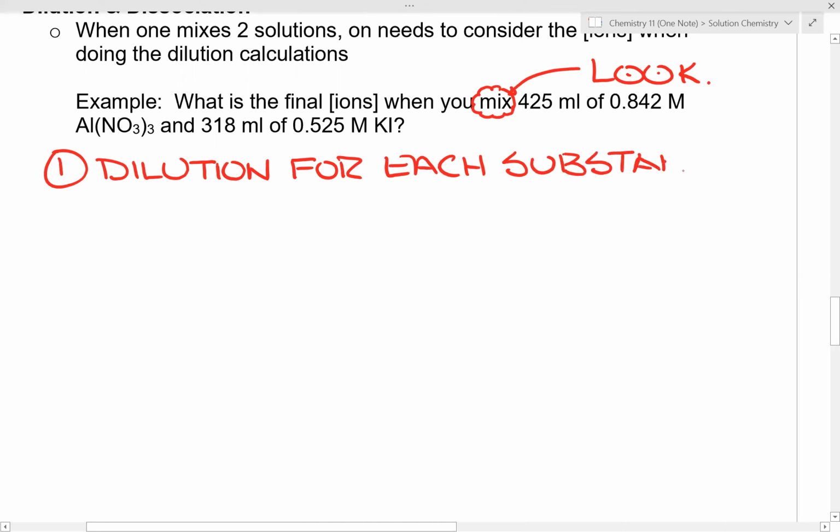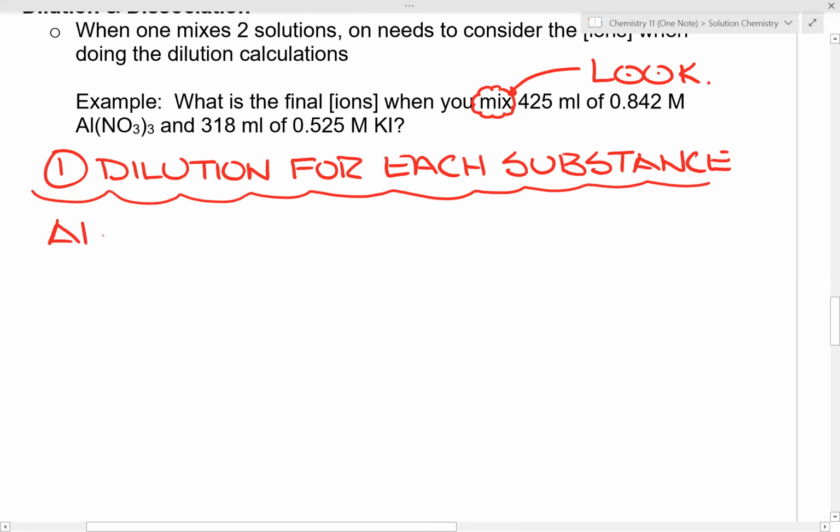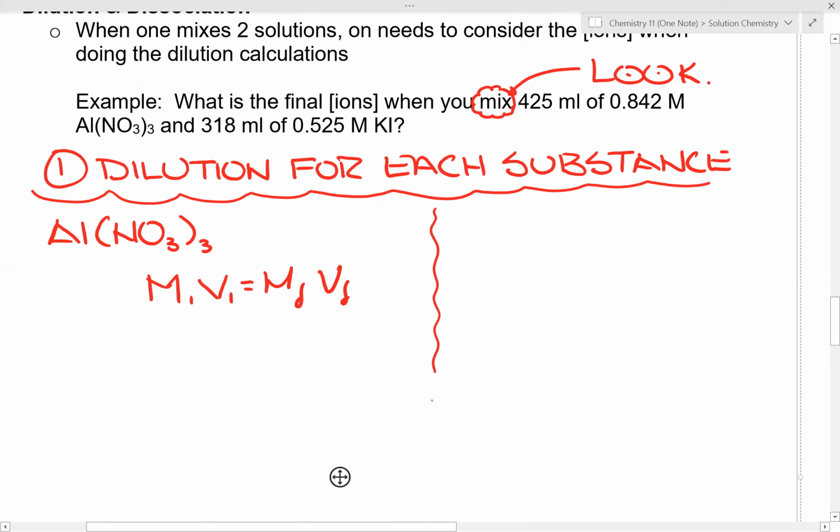What do I mean by this? Okay, let me just draw a nice little line here. So let's say we have our aluminum nitrate. What we do is M1V1 is equal to MFVF, just like what you did.